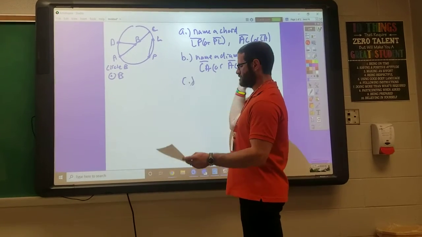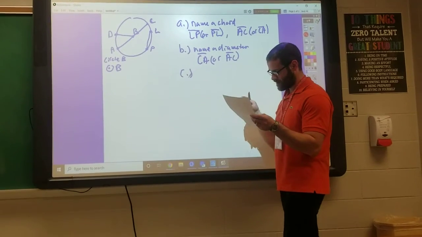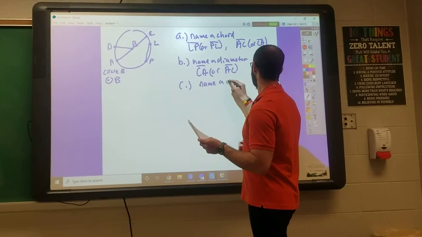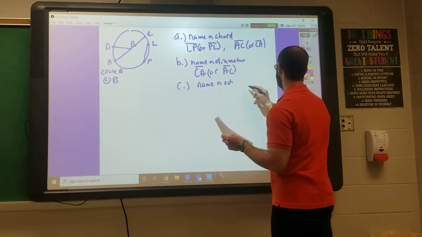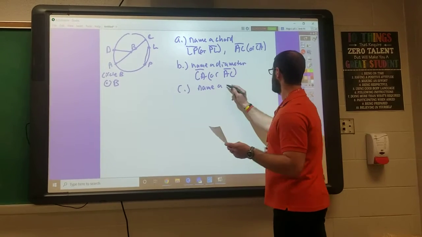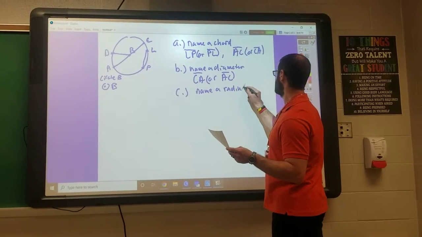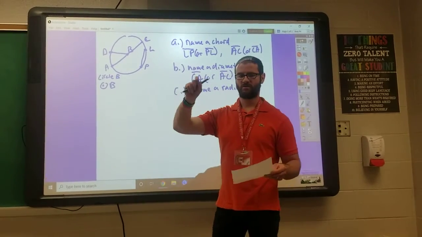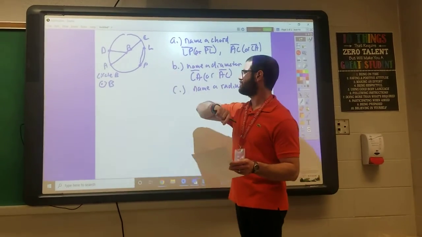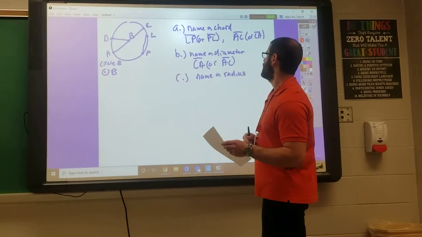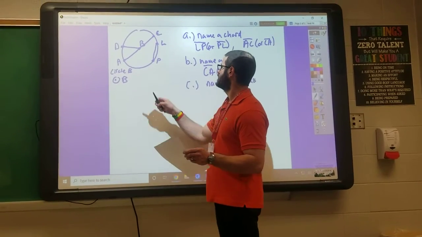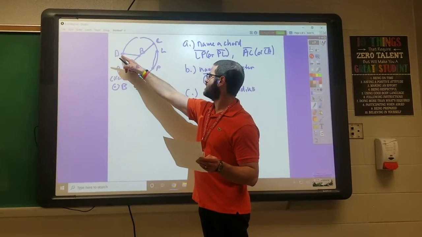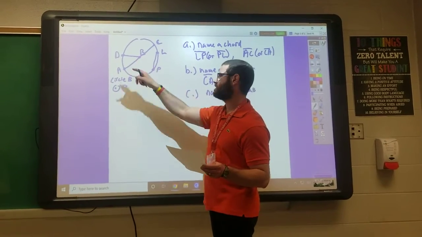C, the third part of our problem: name a radius. Remember, a radius is a segment that has one endpoint on the center and one point on the circle. So that's half the distance across the circle through the center. Let's take a look. DB would be a radius, right? Because it has an endpoint on the circle, and the other endpoint is the center.